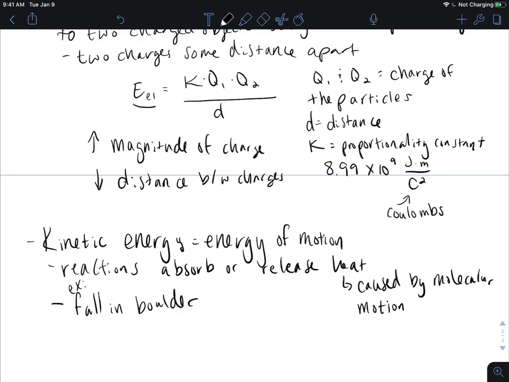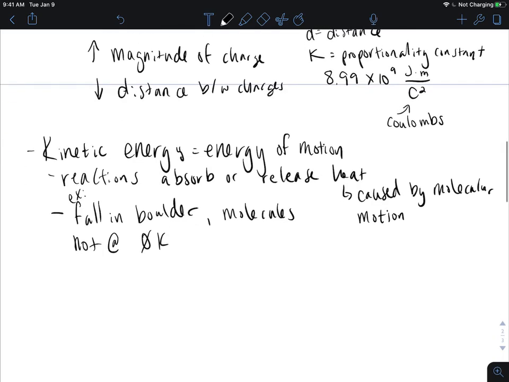Anything in the world, as long as we're not at absolute zero, has kinetic energy. So 0 Kelvin, we call that absolute zero. And this is when we no longer have molecular motion.